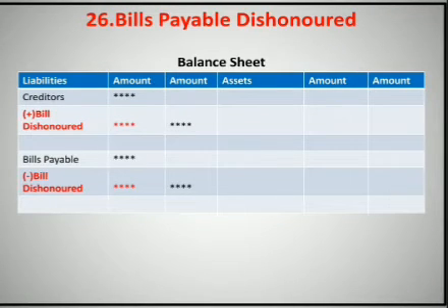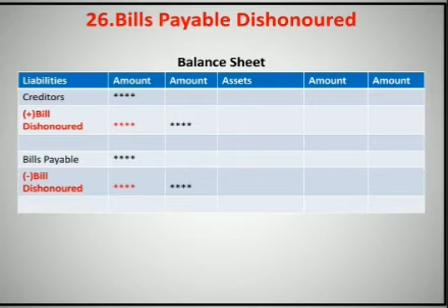In the same way, we have to give the effect to the bills payable dishonored. Only the difference is that under bills receivable, we have to give the effects to the debtors as well as bills receivable. But here we have to give the effects to the creditors and the bills payable.